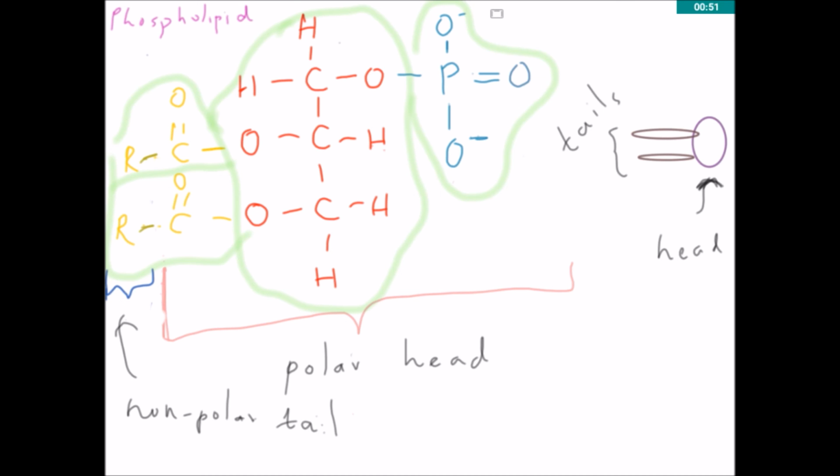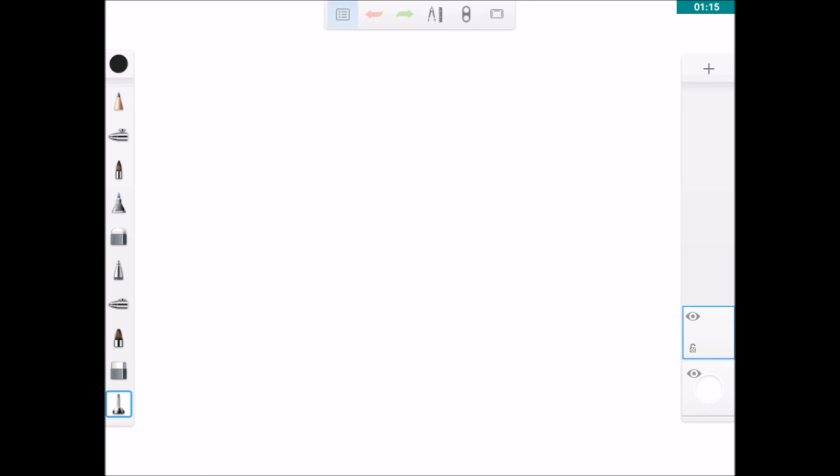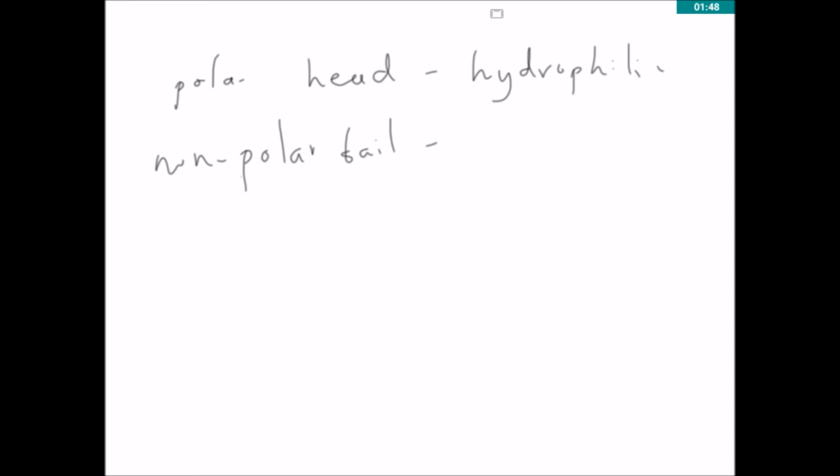So now let's see how these polar and non-polar characteristics change the features of the phospholipid molecule. The polar head has the hydrophilic character, and the non-polar tail has the hydrophobic character.